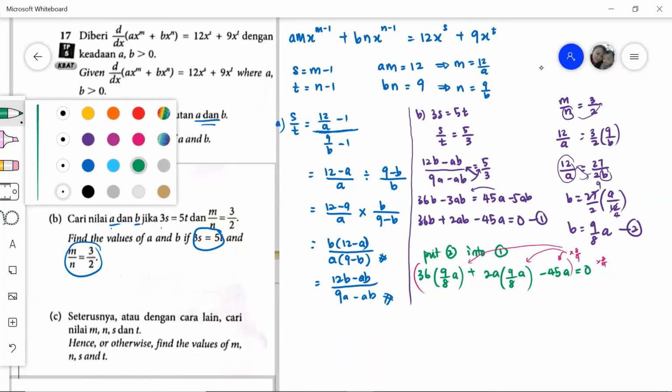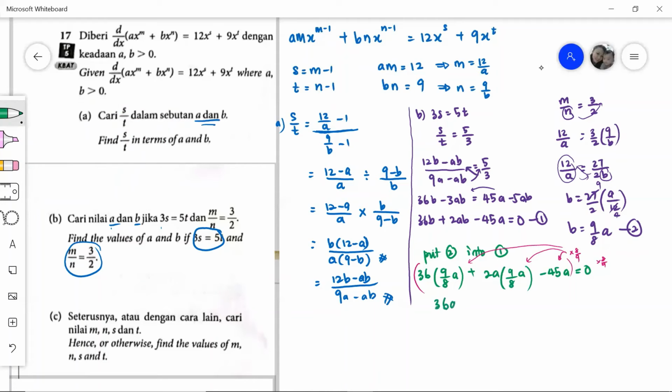So we will get 8 over 9 times 9 over 8 simplified, so we have 36a, plus on this side, the 9 over 8 is simplified by 8 over 9, so we have 2a squared. And over here, 45 times 8 over 9, when we simplify it, we will get 40. So minus 40a equals to 0.